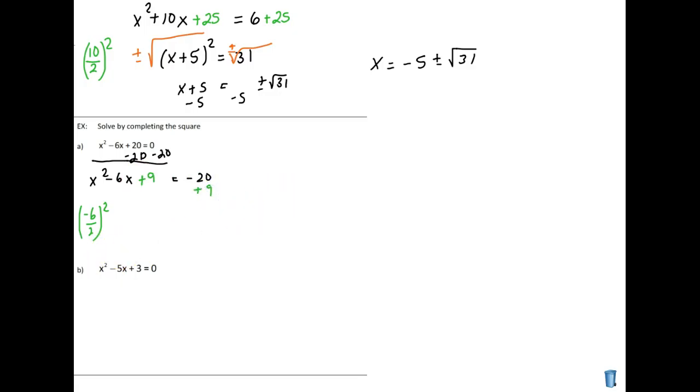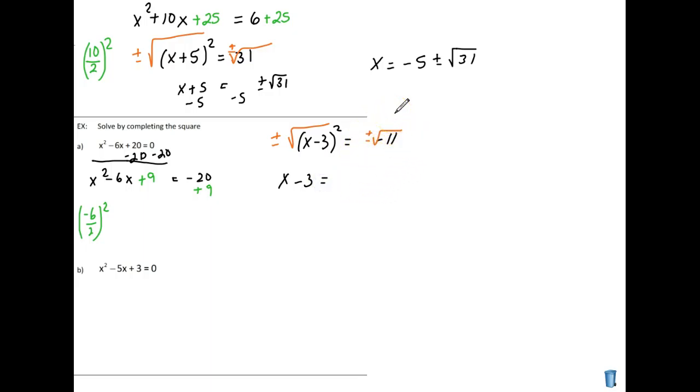So what I end up with is x minus 3 squared, and that equals negative 11. I want to take the plus or minus square root of both sides, and then what I come up with is x minus 3 equals plus or minus square root of 11.